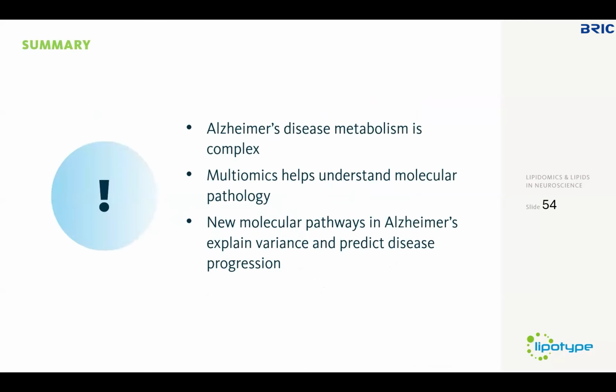So we do see that Alzheimer's disease metabolism is complex. However, of course, multi-omic studies do help to check the molecular pathology, and new molecular pathways in Alzheimer's can explain some variants and predict disease progression.